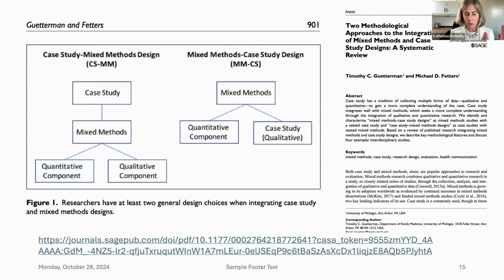That's traditional. But what they introduced is what Jordan spoke about, that he has a randomized controlled trial with a quantitative component, but he might also want to add a case study to look at the process of implementing the intervention. So I can forward this to you, Jordan, because I think this is a really interesting article.